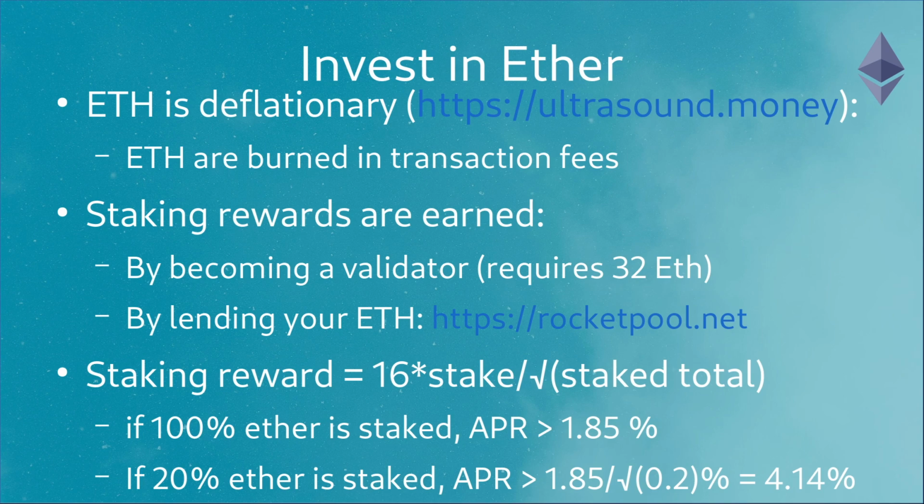The formula that calculates how much interest you receive is proportional to the formula you see on the slide, 16 times the size of your stake divided by the square root of the total size of all stakes.